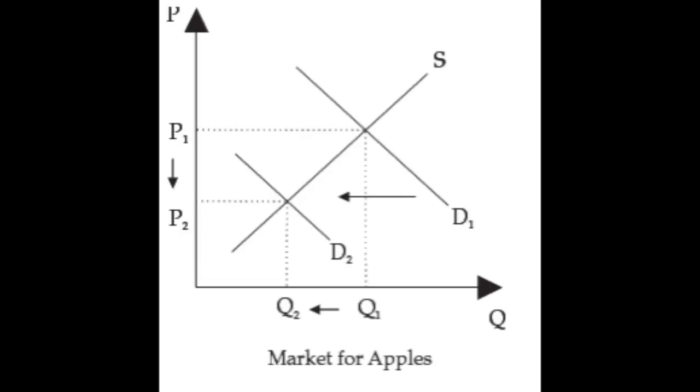So if you buy that, then the demand for apples shifts left, the supply stays the same, and so in the new equilibrium, the price of apples is lower and the quantity demanded is lower. And that's true in general with these things: if supply stays the same and demand shifts left, the price is going to fall and quantity is going to fall, and some of the other combinations that I've walked you through.